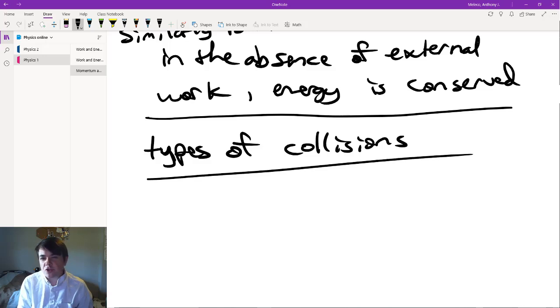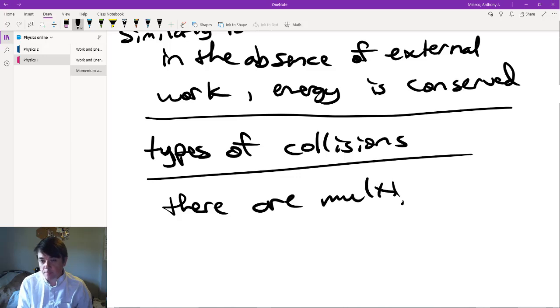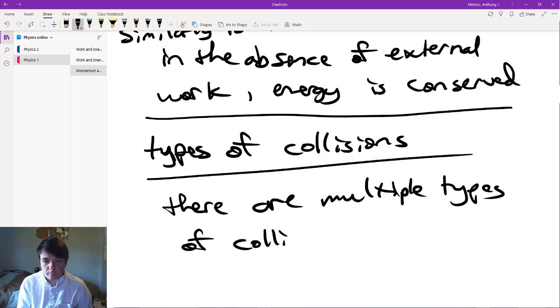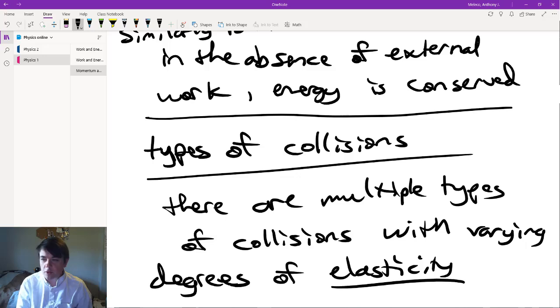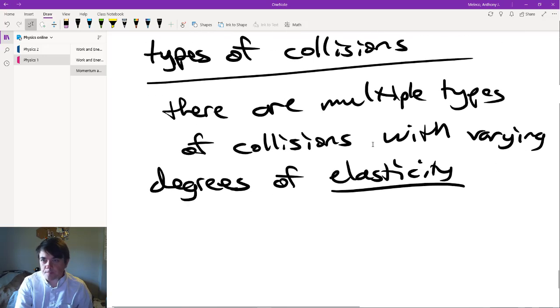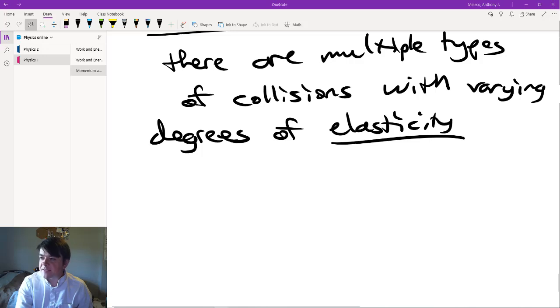It turns out there's usually four that people typically have in physics books. The reality is there are multiple types, and they all have varying degrees of elasticity. We'll talk about what that is. In this class, I'm just going to talk about two.